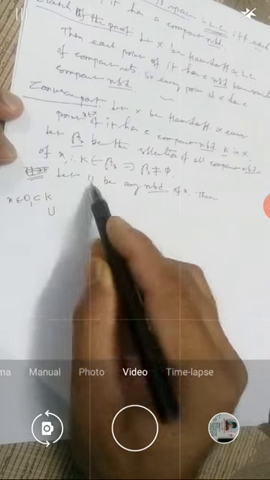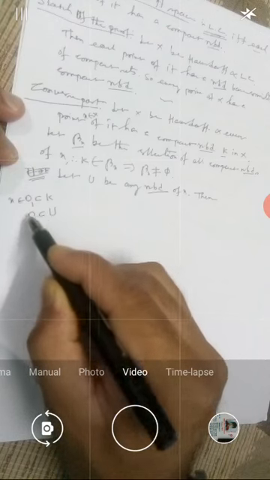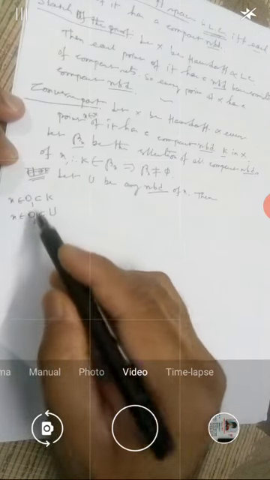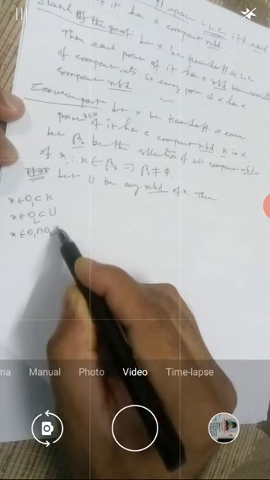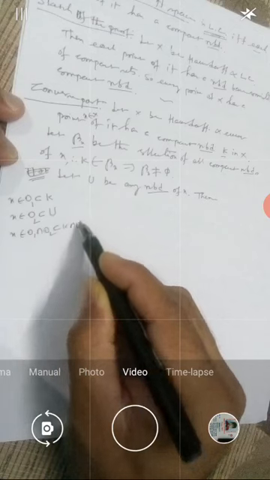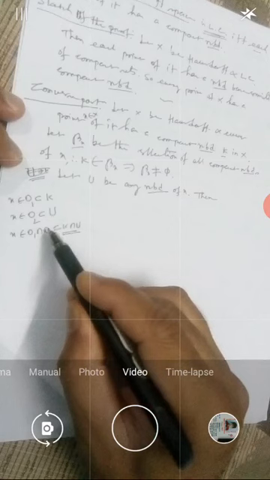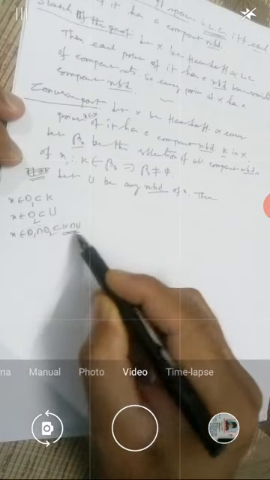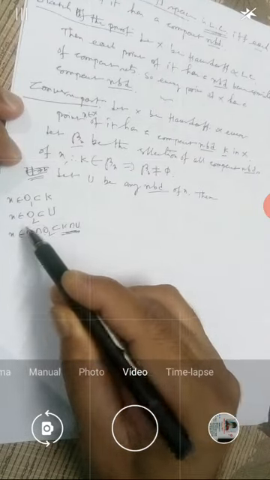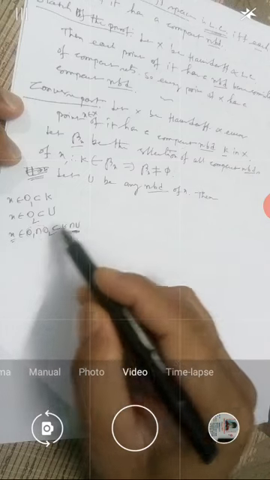U is also a neighborhood of x, so there exists an open set O2 totally contained in U which contains x. So if you take intersection, then x belongs to O1 intersection O2, totally contained in K intersection U. This is a finite intersection of open sets, so it is open. So K intersection U also contains an open set containing this point x, so this is also a neighborhood of x by definition of neighborhood.